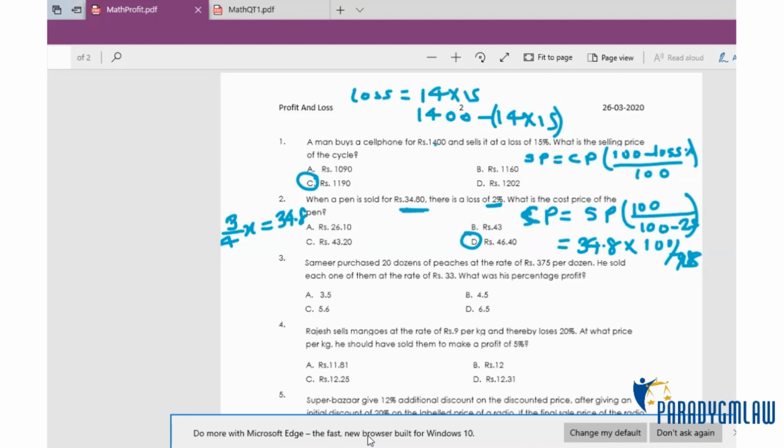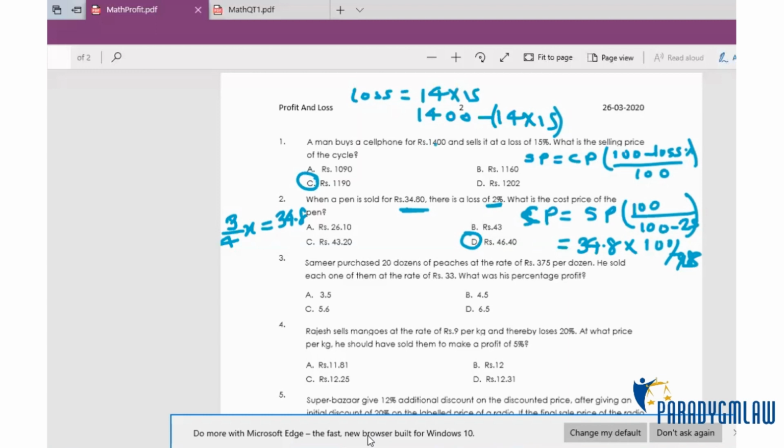Whenever you need to find percent profit or percent loss, you find the CP of 1 and SP of 1, and from there you can find the profit or loss, and then the profit percent or loss percent. The rate is given as 375 per dozen.